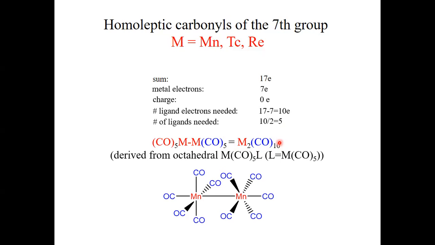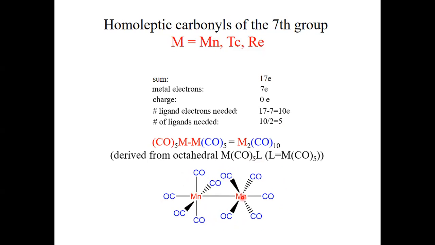So now, which structure does such a carbonyl have? So this structure is derived from an octahedral structure. So you see that each manganese is surrounded in an octahedral way. You see here 1, 2, 3, 4, 5 ligands are carbonyl ligands, and the 6th ligand is then the second carbonyl fragment, and you see that because of that, the manganese is surrounded in an octahedral way.